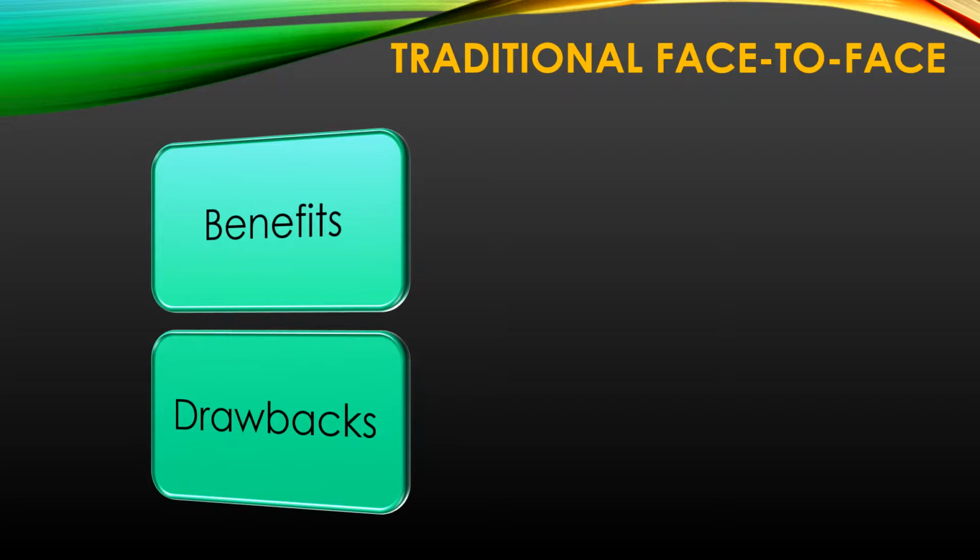Now let's explore the benefits and drawbacks of a traditional face-to-face classroom. In terms of the benefits, students can listen and take notes. If they have a question as they are taking notes, they can immediately receive feedback and instructors are able to adjust instruction in real time.